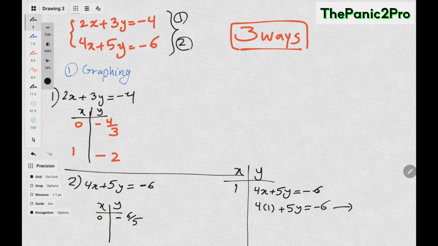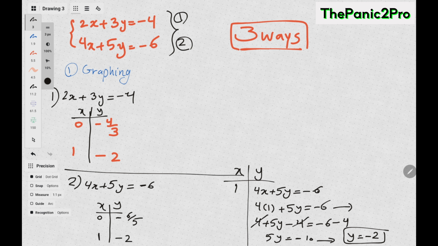I'm going to have a minus 4 added to each side. It's going to be 4 plus 5y minus 4 equals minus 6 minus 4. And then simplify that. This cancels that. So 5y is minus 10. And then from there, y is minus 2.